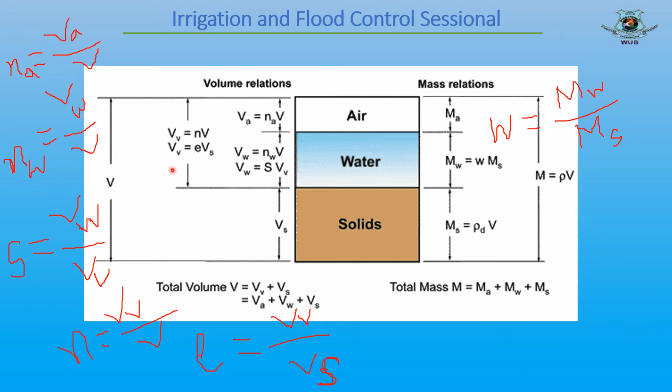Again this volume of voids can be written in two parts, that means volume of air plus volume of water. So total volume stands Va plus Vw plus Vs.